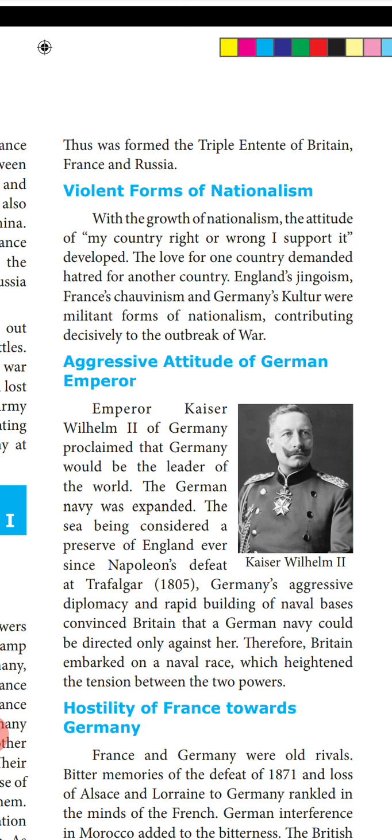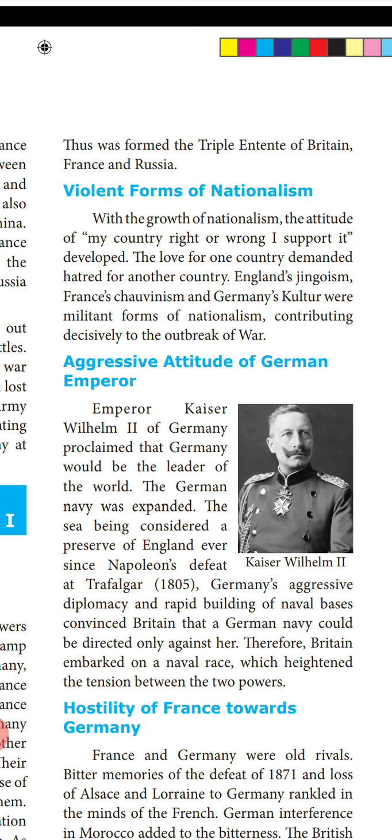England's jingoism, France's chauvinism, and Germany's culture were militant forms of nationalism, contributing decisively to the outbreak of the First World War.